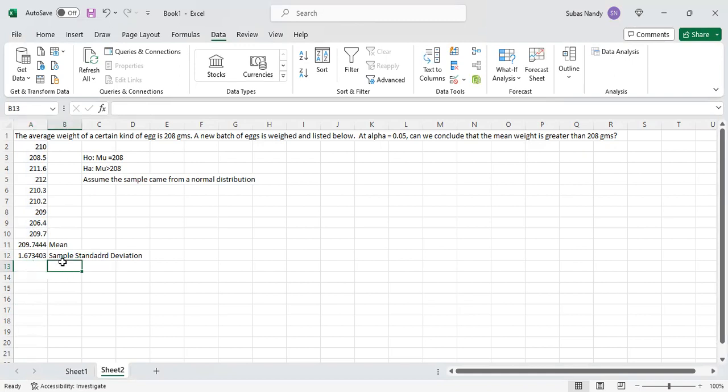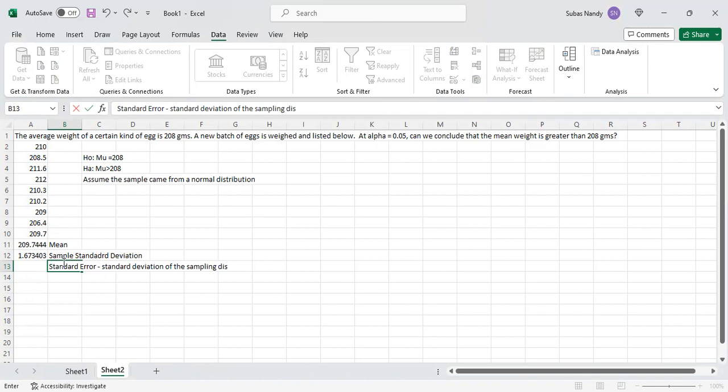Now I will calculate the standard error, which is the standard deviation of the sampling distribution. It equals S divided by the square root of n, where n is the sample size.